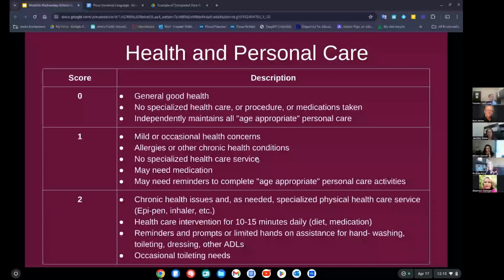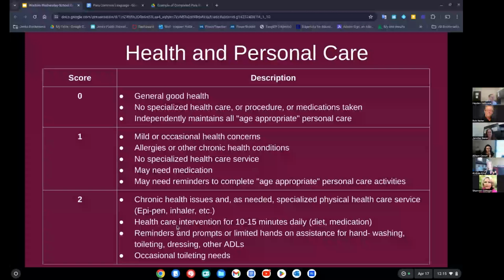Then number 1 is mild or occasional health concerns, allergies, chronic health conditions, no specialized health care service. They might need medication, so this could possibly be an ADHD student. They may need reminders to complete age-appropriate personal care activities.